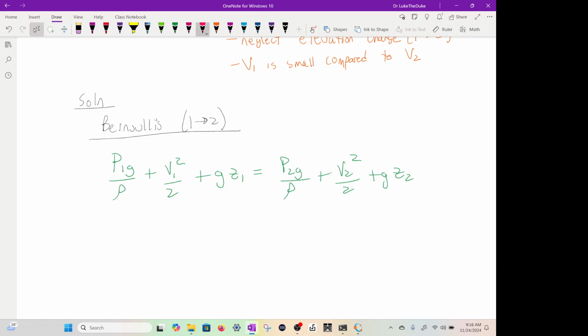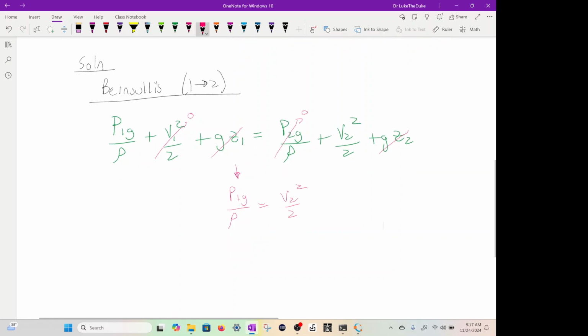Cool. All right, we can cancel a bunch of stuff. We neglected elevation changes. This is gauge pressure, so the gauge pressure shooting out at point 2 is 0 because it's atmospheric. And this velocity V1 we assumed is 0. So what we end up getting is P1 gauge over rho equals V2 squared over 2.